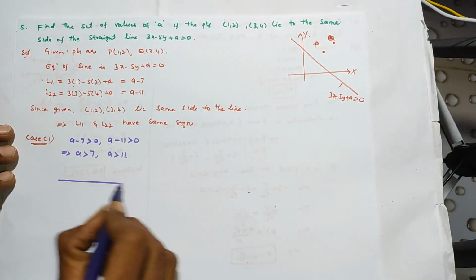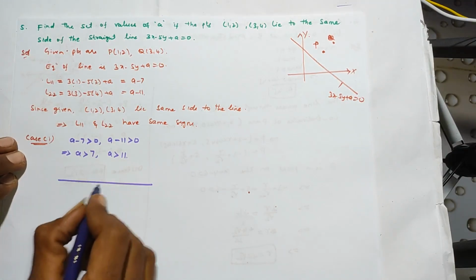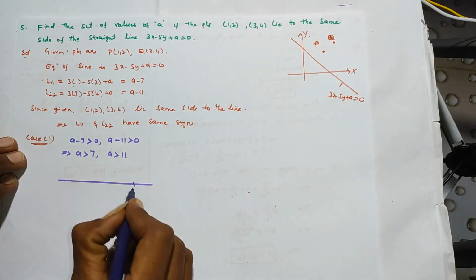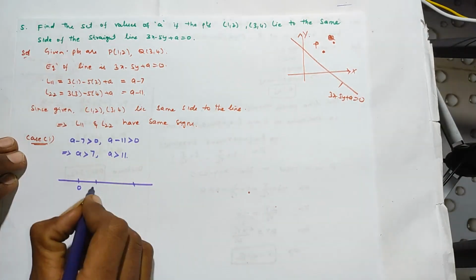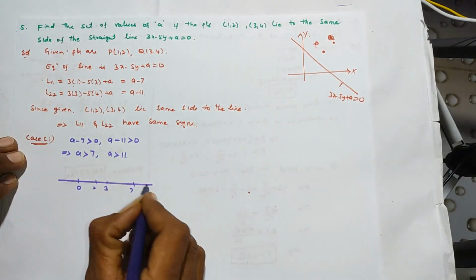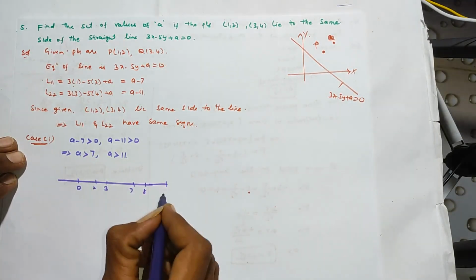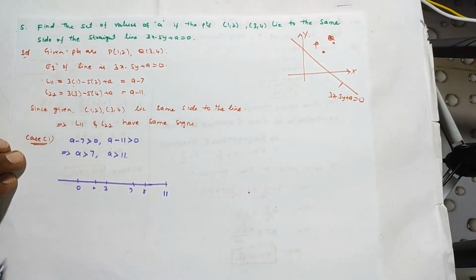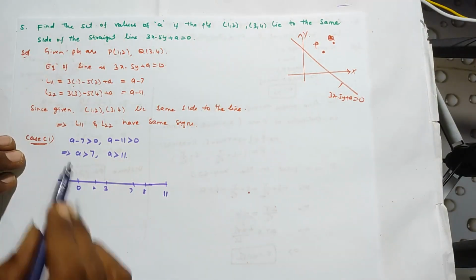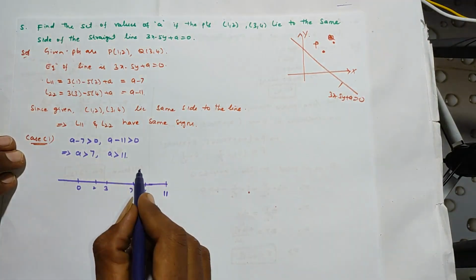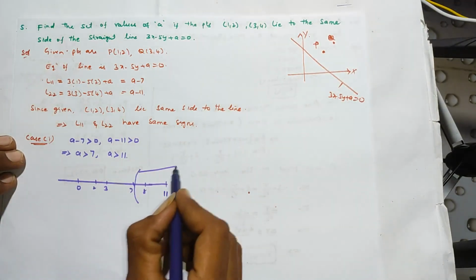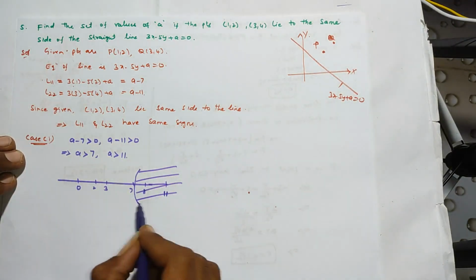Yes. Find the set of points here. Suppose this one is origin, this one 0, 1, 2, this one 7, this one 8, up to so on, this one 11. Right? a greater than 7 means a values are greater than 7 from here. Clear?